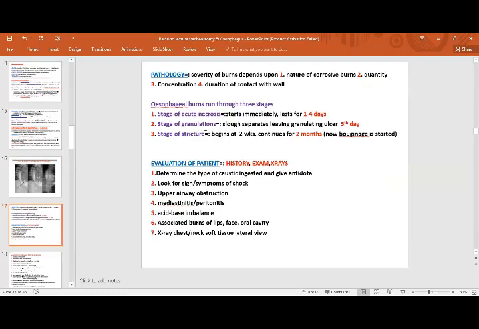So how can we evaluate the patient? By history, a proper, thorough ENT examination, and radiological examination as well.